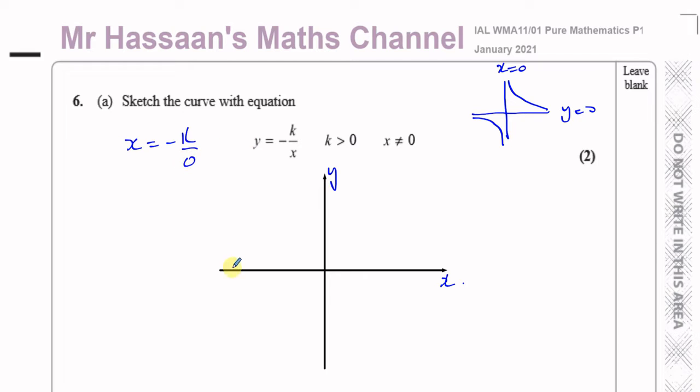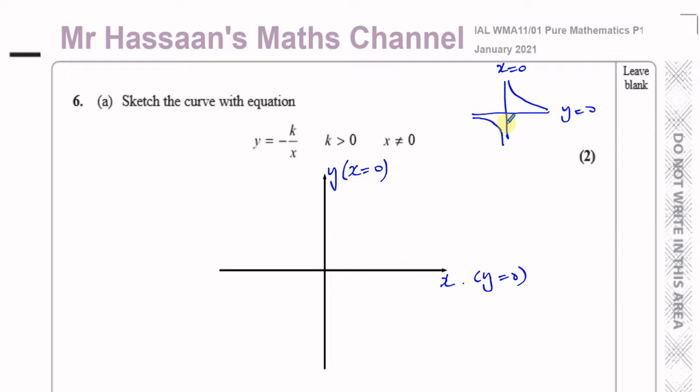So y can't equal 0 either, which means the line y equals 0, which is the x-axis, is also an asymptote. So you have a horizontal asymptote, which is the line y equals 0, the x-axis, and you have a vertical asymptote, which is the y-axis, x equals 0. So it can never get close to those points.